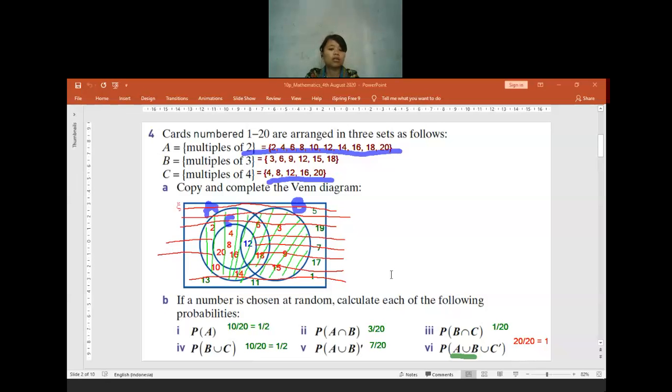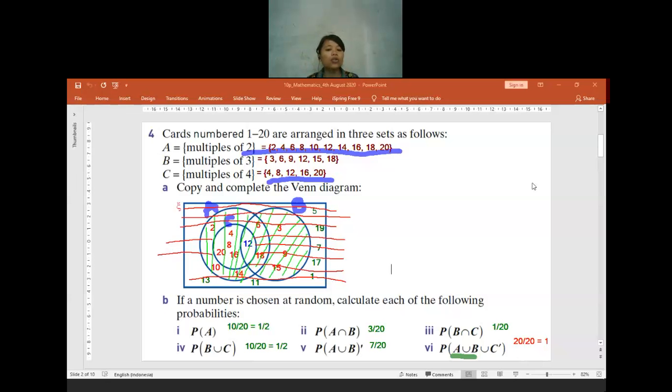Okay. Yeah. So if it is union, it will be easier if you make a shading on it. For the A union B, I can put a green shading, inside circle A and circle B, I will put a green color.